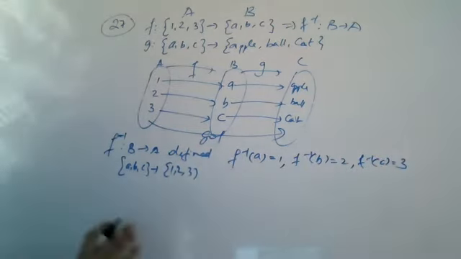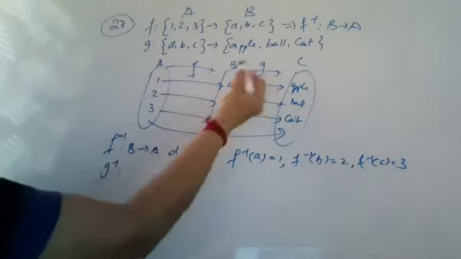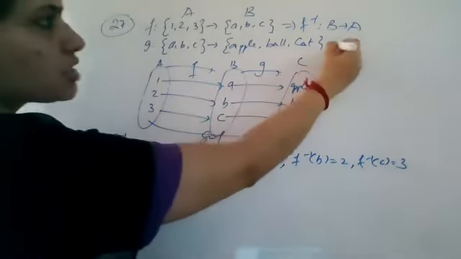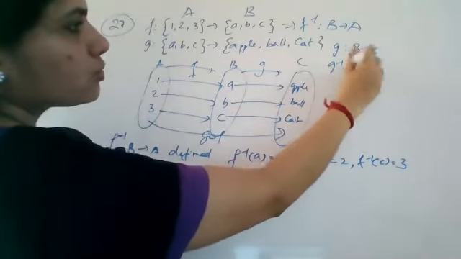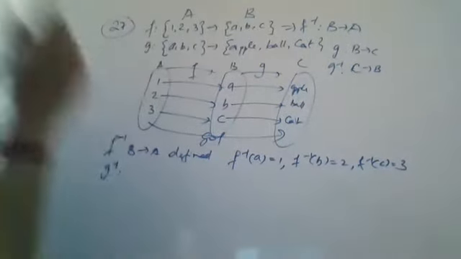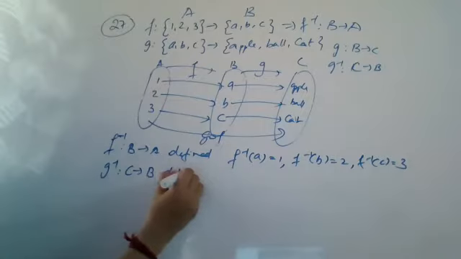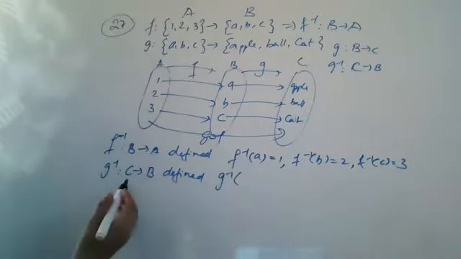Okay. Now we are defining G inverse. G is from B to C. G कहाँ से है? ये B है, ये C है. So you are getting G is from B to C, and so you can say G inverse is from C to B. So G inverse from C to B is defined as, G inverse of C कौन है?